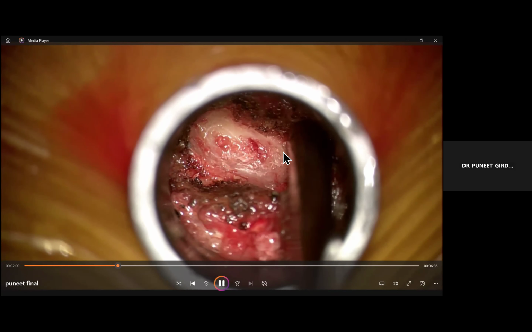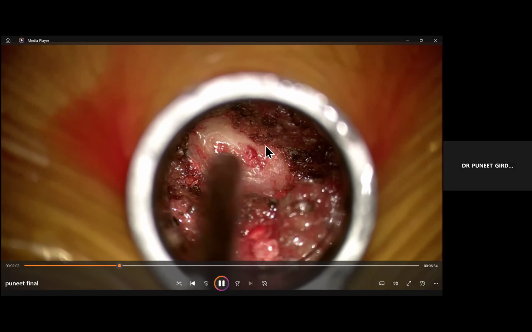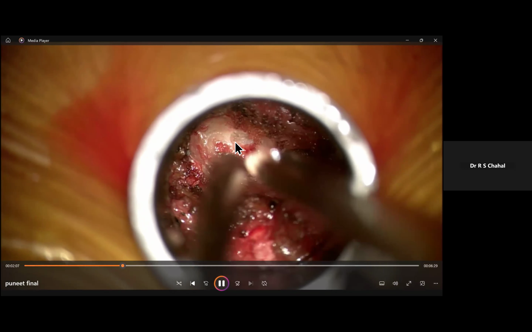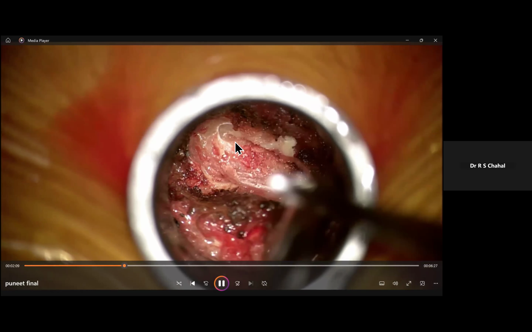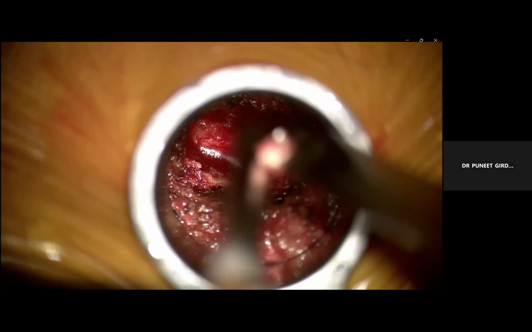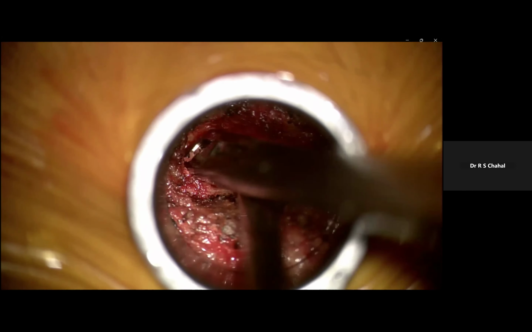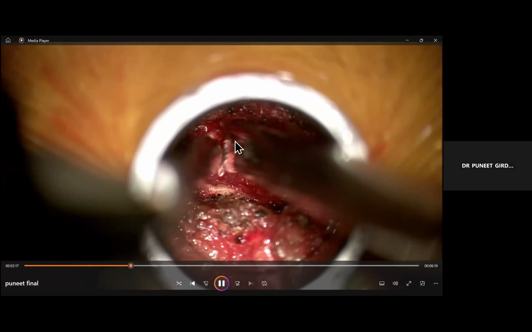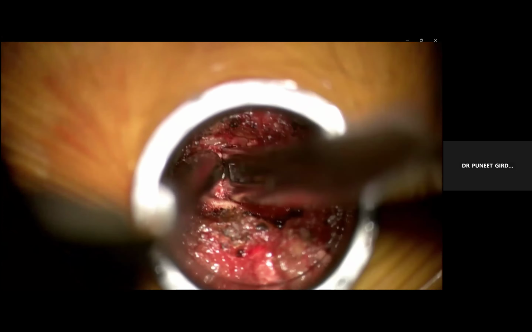The most important part here is to identify the base of the spinous process and bur it, undercut it. You are using the cutting bur? We always use the cutting bur, but if you have any doubt, one can use a diamond bur also.